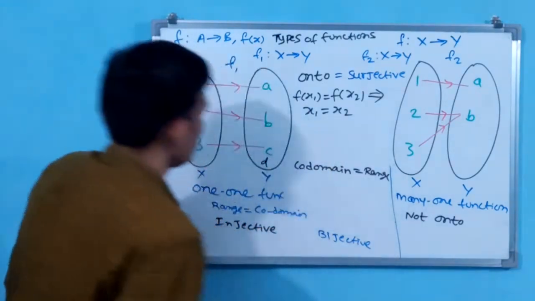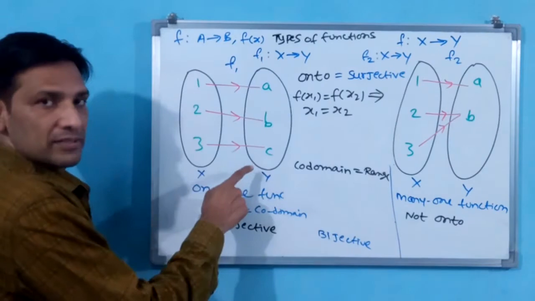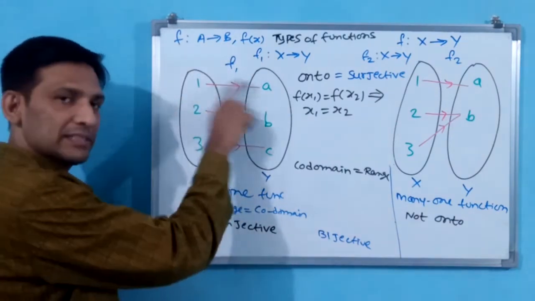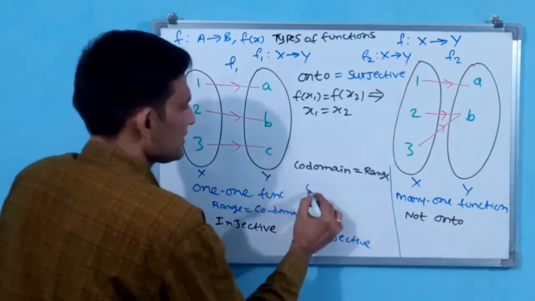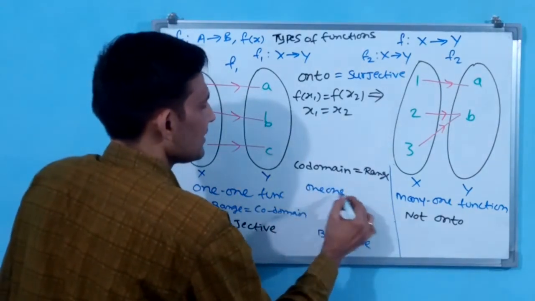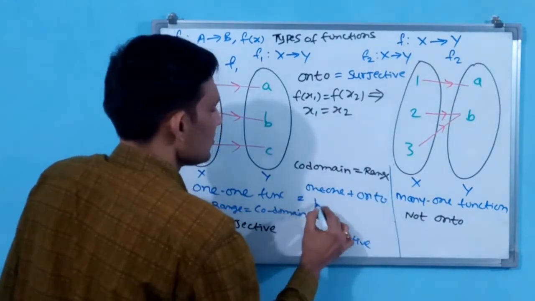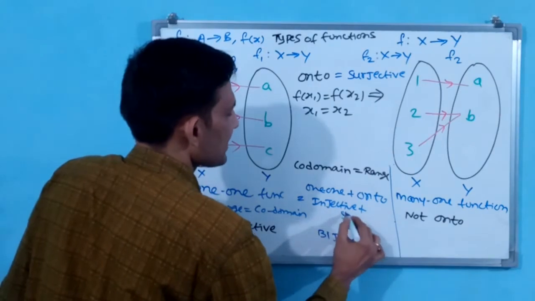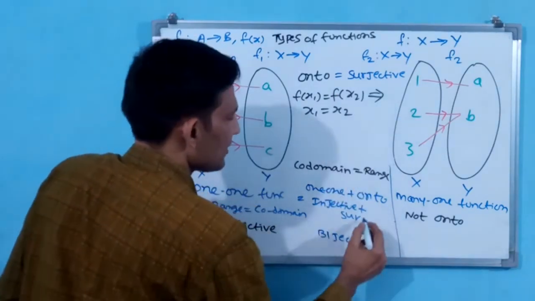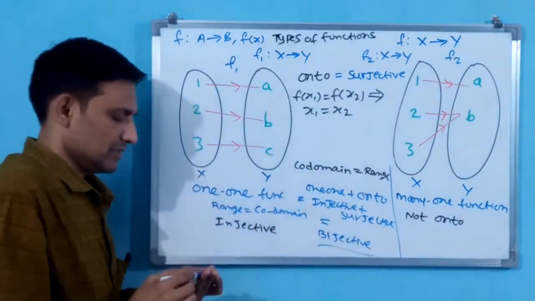Now I am removing this element D. Now this function is a one one function and also an onto function. I am writing here: one one plus onto, that is equal to injective plus surjective. Onto is surjective, and that is equal to bijective.